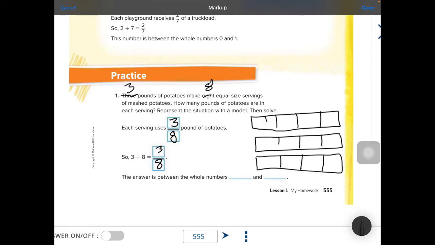Now we got to divide each of the 4s in half again. So we have 8 little servings. And there is your model. We can finish by going 1, 2, 3, 4, and so on.